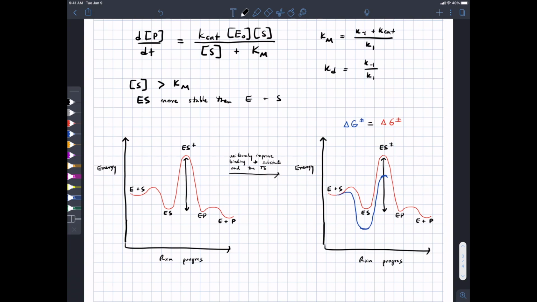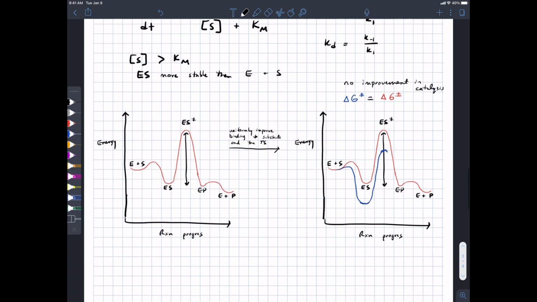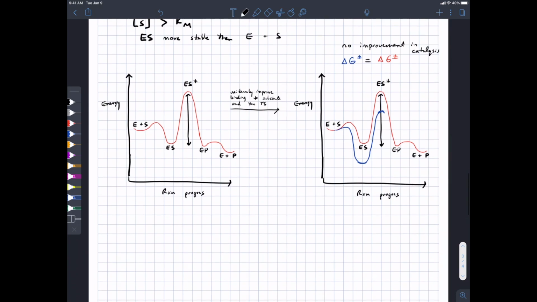And if you're in a situation where enhanced catalysis gives you enhanced ability to survive, the changes that did this aren't going to be preserved by evolution because they didn't enhance catalysis at all.